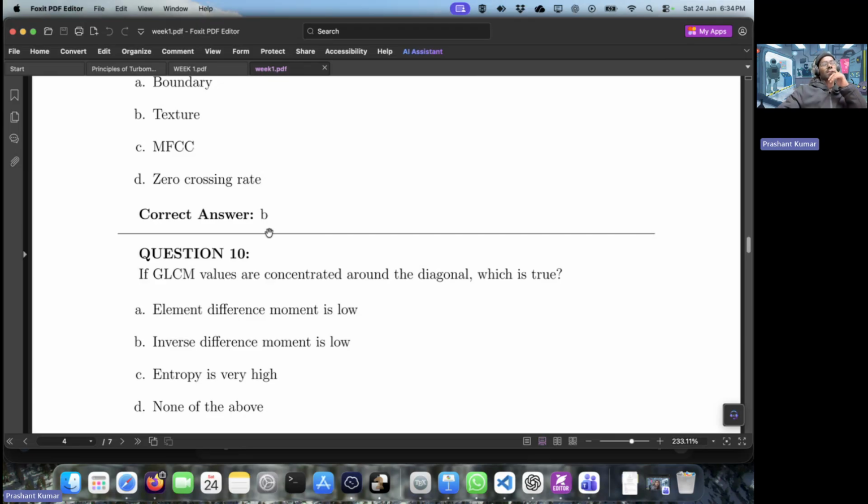So you have to check the formula. Around the diagonal means i and j equal to constant.